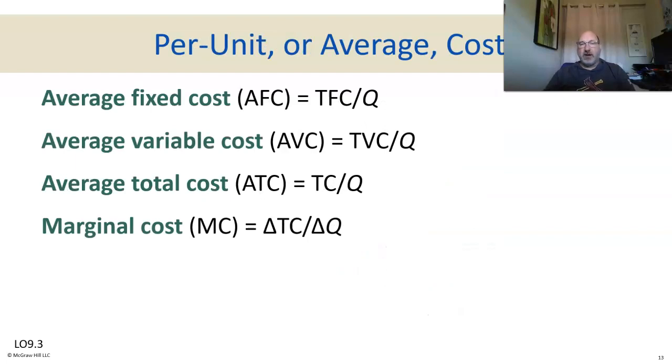Then the averages that we looked at before: average fixed cost, like I said, I wouldn't worry about that one too much. You won't need that after this chapter. The other three are extremely important in the next module. Average variable cost is going to determine your shutdown point. Average total cost is equal to marginal cost at the minimum average total cost.